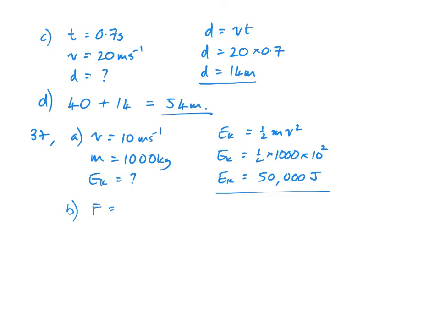Once again, we've got our braking force 5 kilonewtons converted to 5,000 newtons. We're being asked our distance. The work done is the force times distance, and same idea again. If you're braking to rest, then the work done, the change in energy, is the full 50,000 joules.